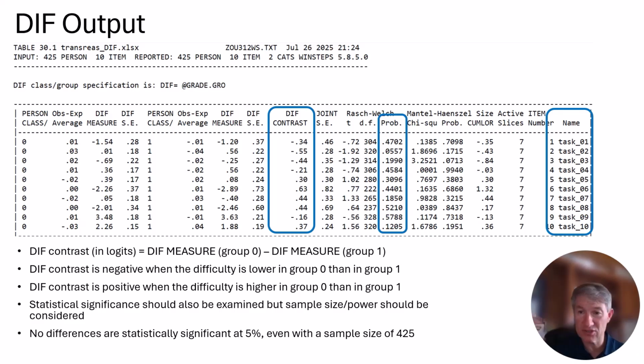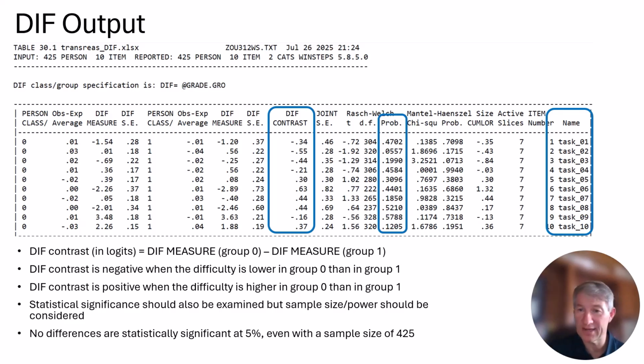Well, if the range of all of the abilities of the persons is only 1 logit, and we have a 0.55 difference across 2 groups within that small range, I would probably be concerned about that big of a difference. But if the range of abilities is from, say, -5 to +5 logits, then that 0.55 difference across groups is small within that context and maybe would be less worrisome.